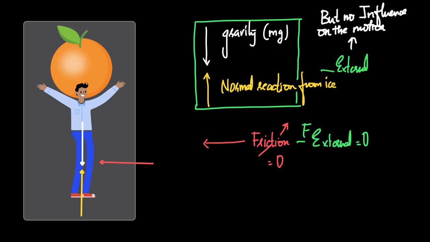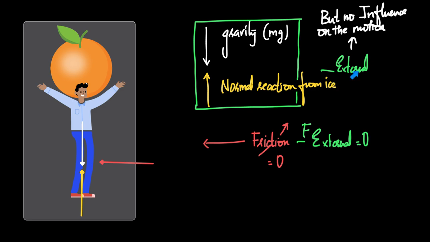Okay. So one among these is you might be wondering, is a normal reaction an external force which is acting on the boy? Well, in fact, it is. So we have one force here, represented by this arrow here, the force of gravity, which is mg of the boy. And there is an external force acting on the boy from the ice, the normal reaction from the ice.